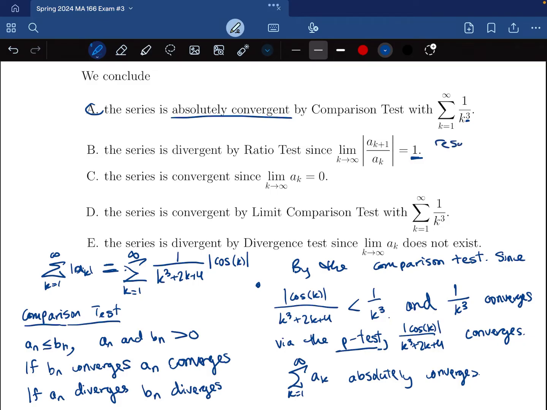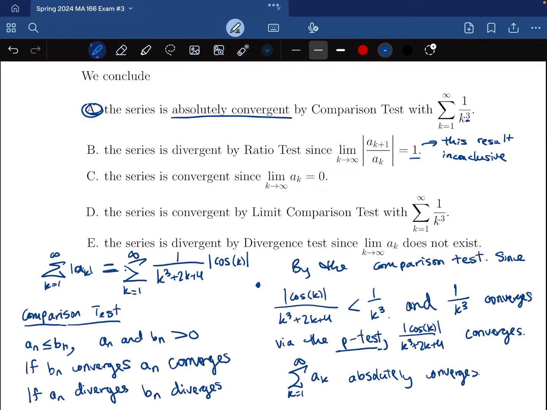So this result does not imply divergent, it implies inconclusive. And the series is convergent.